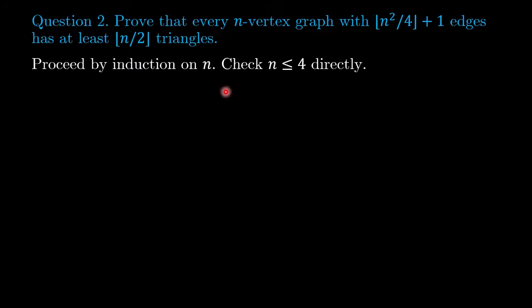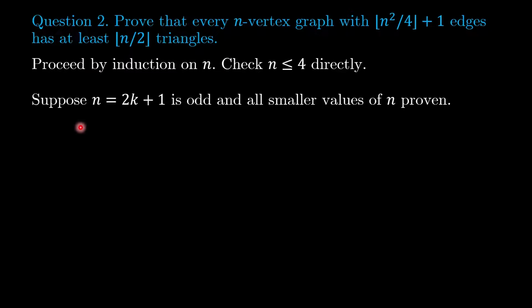And the idea behind the inductive step is we try and find a vertex with a small degree, remove that vertex and all the edges incident to it, then the resulting graph will have one less vertex but still a lot of edges, and hopefully it meets the induction hypothesis, and that gives us a lot of triangles which we can use for the original graph. So this is the basic idea, but there are some subtleties which we will see now.